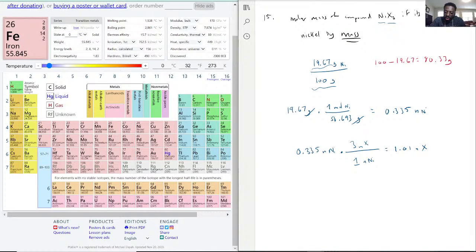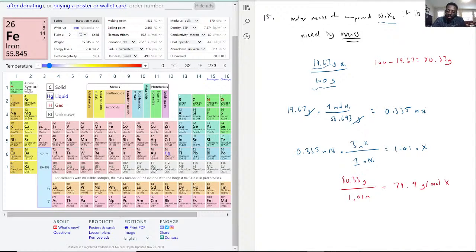So 80.33 grams divided by 1.01 moles is equal to 79.9 grams per mole of the X.